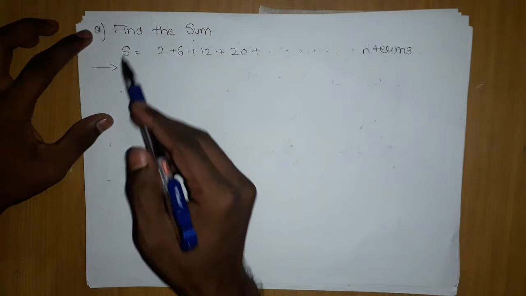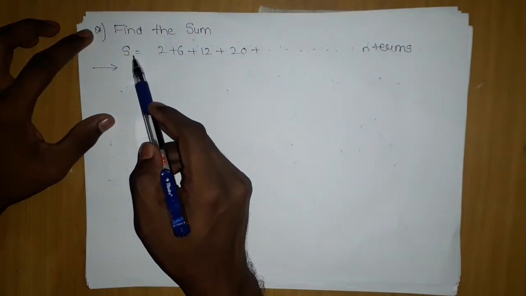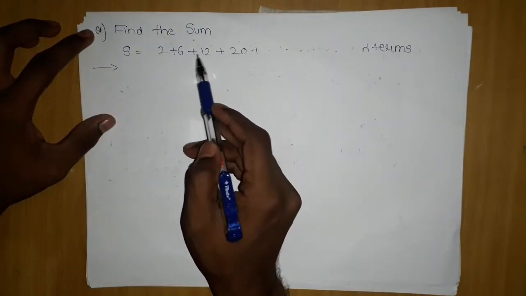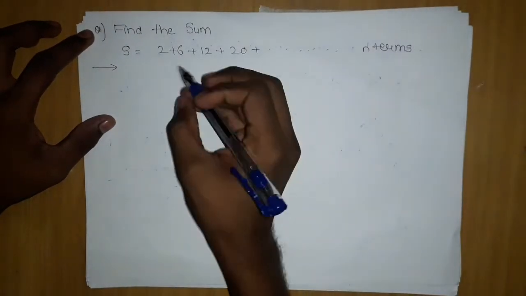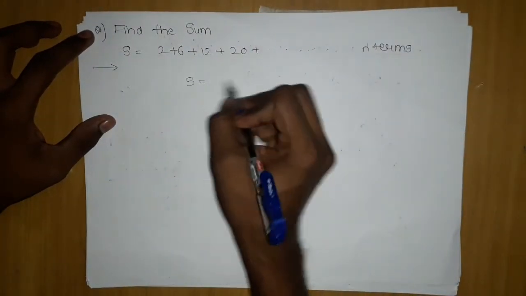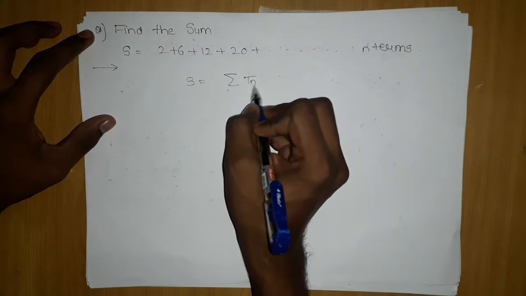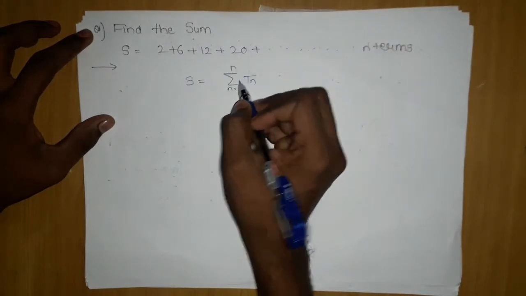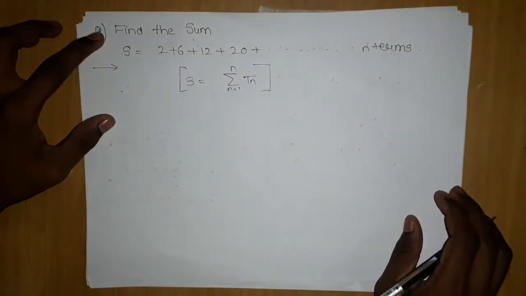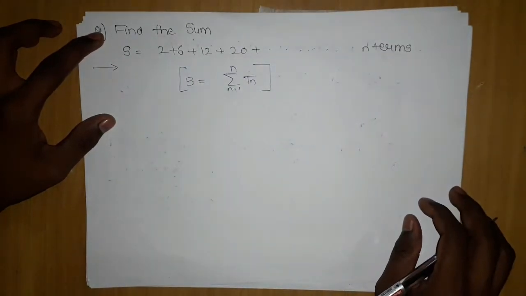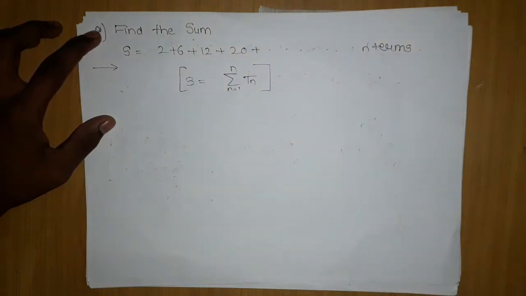The first example is this: find the sum of S, which is given as 2 plus 6 plus 12 plus 20 and so on. Let me remind you that S is nothing but the summation of Tn, n equals 1 to n. This is a very important formula in series, and they mostly ask you to find the sum.